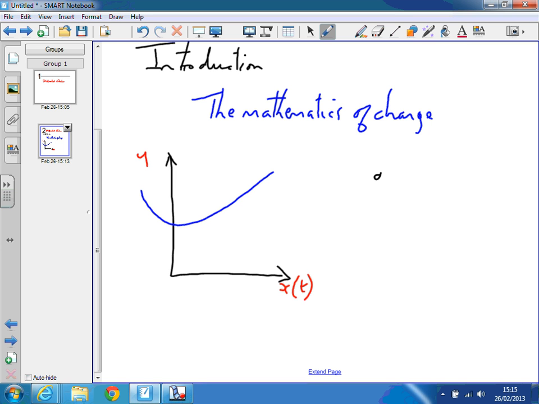So the rate of change of y with respect to x is what we get when we differentiate something. So dy by dx is the differential function. Dy by dx is how we say it.